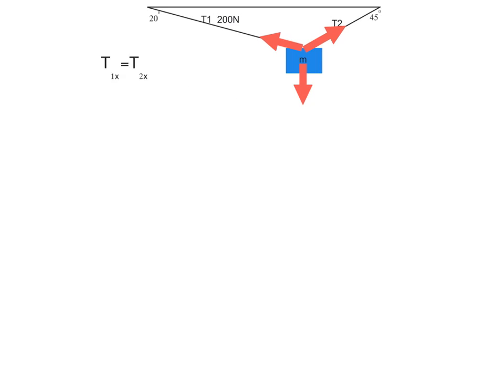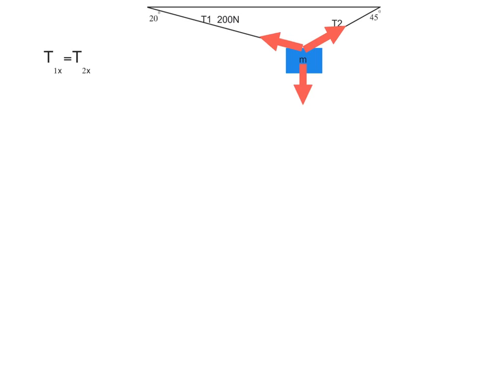Okay, here we go. Like this. Go back into editing. All right. We're taking a look at just the X information here. So we have tension 1 in the X direction, so T1X.